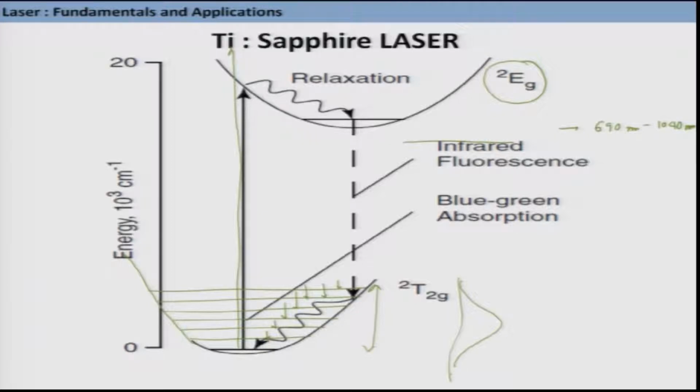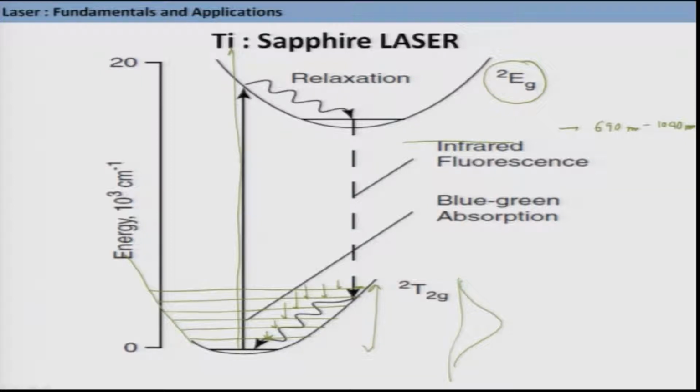Let me also mention here that the emission from the lowest vibrational level to the highest vibrational level in the ground state, by ground state I mean the lowest state of the two states involved in lasing, will give you visible light, while the transition coming to the other levels will give you near infrared.